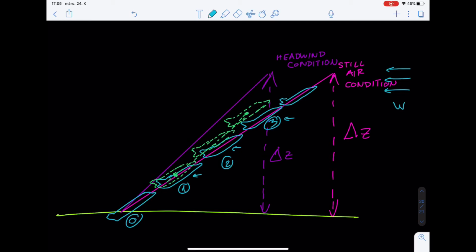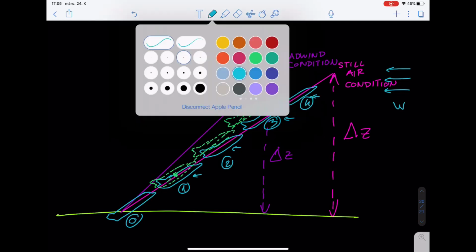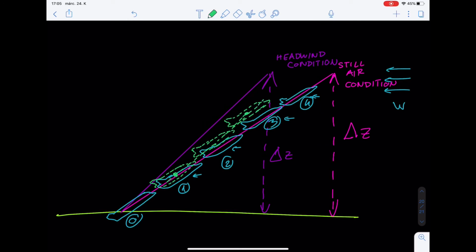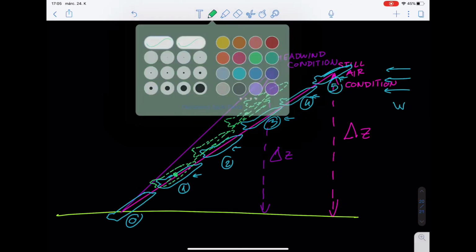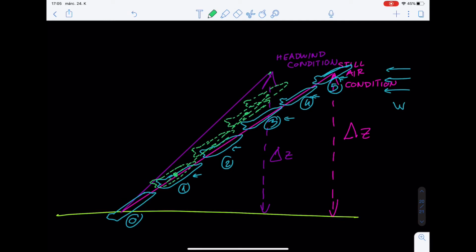So here you have the 4th second, and the wind is still blowing, so the aircraft is even further to the back. And here you have the last second when the aircraft is at the top right here. Its nose is kind of ugly, but don't worry about it. You have the wind blowing from here, and our little silhouette airplane is right up here. So the aircraft is now finally at the top.